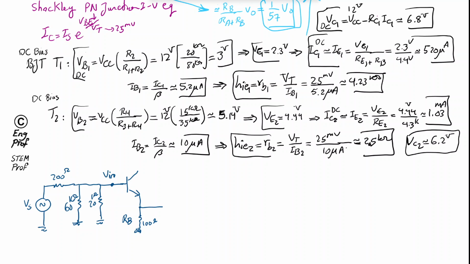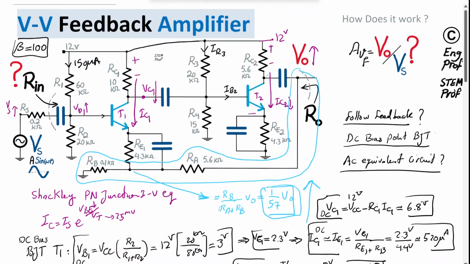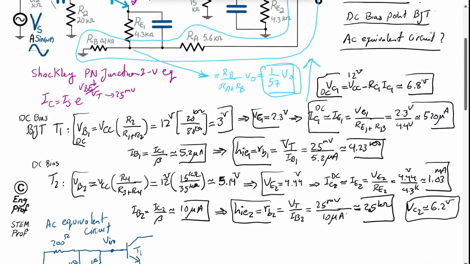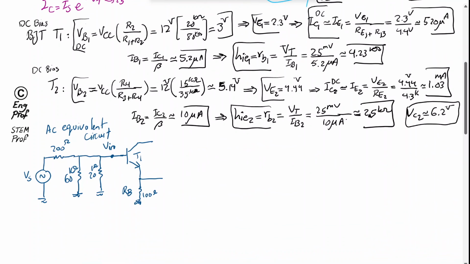And then at the collector of this transistor T1, so this is the AC equivalent circuit. So now at the collector of transistor T1, we have RC1 10K connected to AC ground, 12 volt. So we have RC1 10K, there you go.